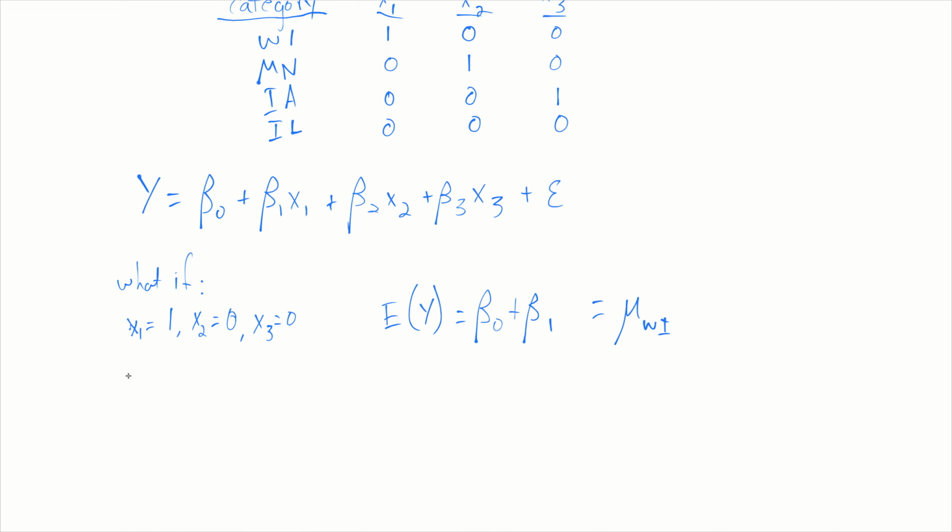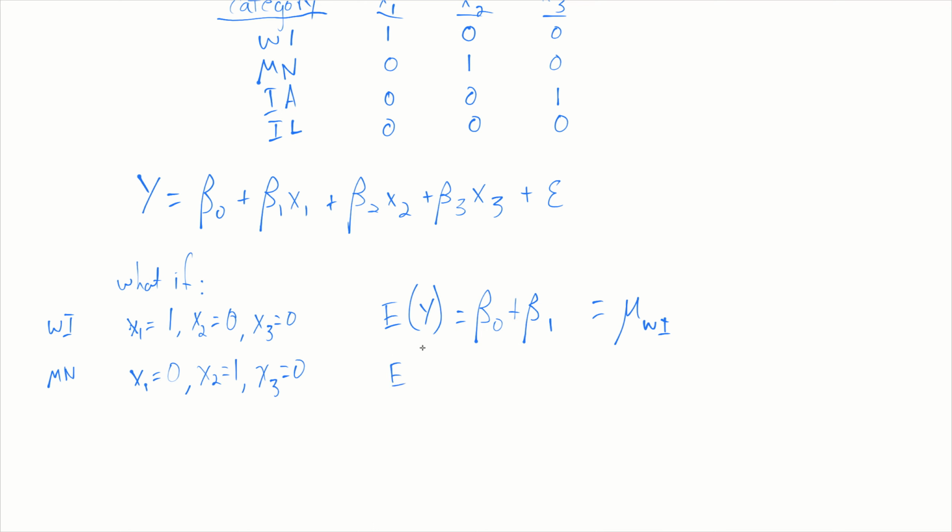Now let's say we have data that comes from Minnesota. So this is Wisconsin. Now in the Minnesota case, we have x1 would be 0, x2 would be 1, and x3 would be 0 for all the Minnesota data.